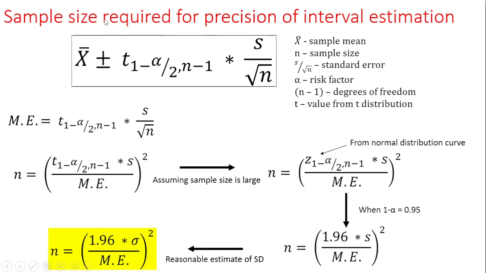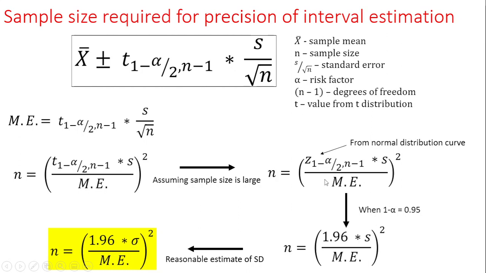From this equation you can get the measured error, or the interval for the confidence interval, which is the t value times the standard error. You can rearrange this equation, and you'll see that n is dependent on the t value, the standard error, the standard deviation, as well as the interval.